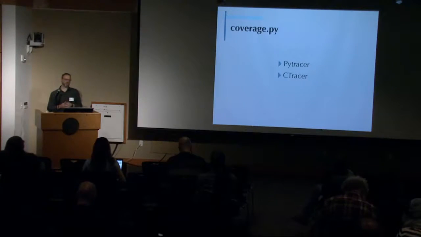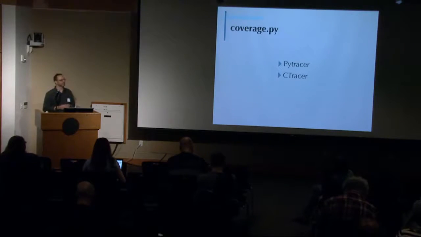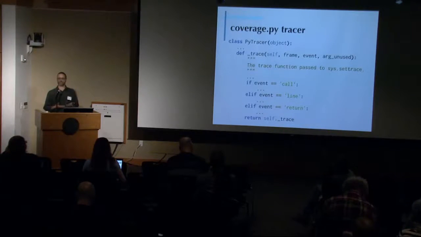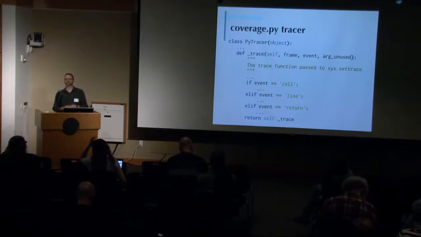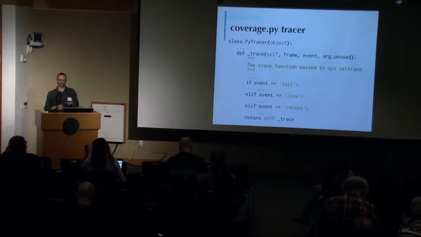If you look in coverage.py's source code, you will see two definitions of two different tracers. There's a pure Python one, and one written in C for better performance. If you look at the Python tracer, it should look very familiar. It accepts the familiar three arguments, it's switching on the event, and it's returning a tracer.